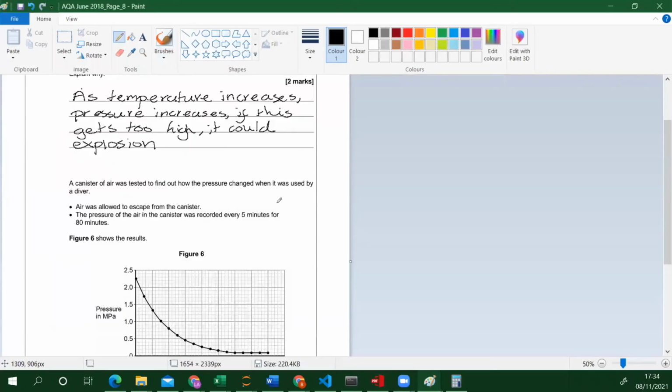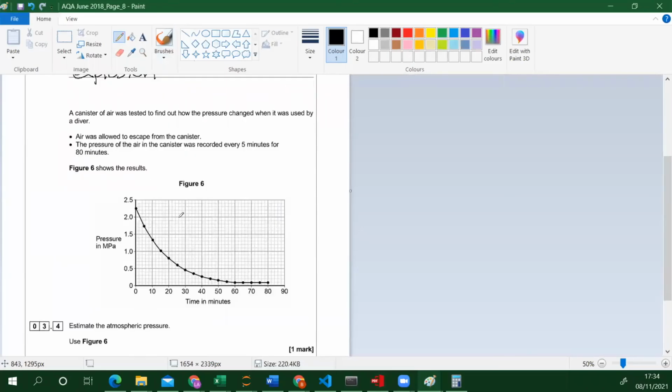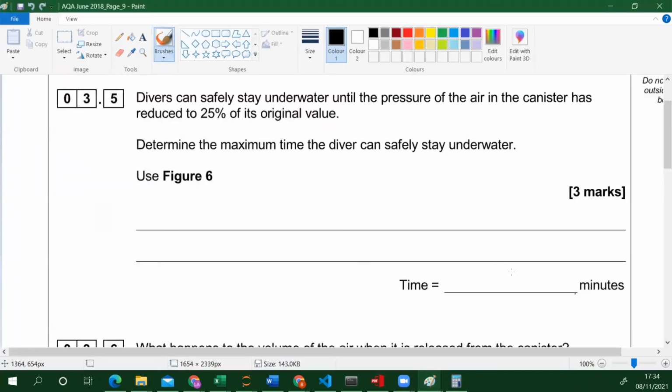Right, the original pressure. The original pressure was 2.25 megapascals, so write that down, with the units.